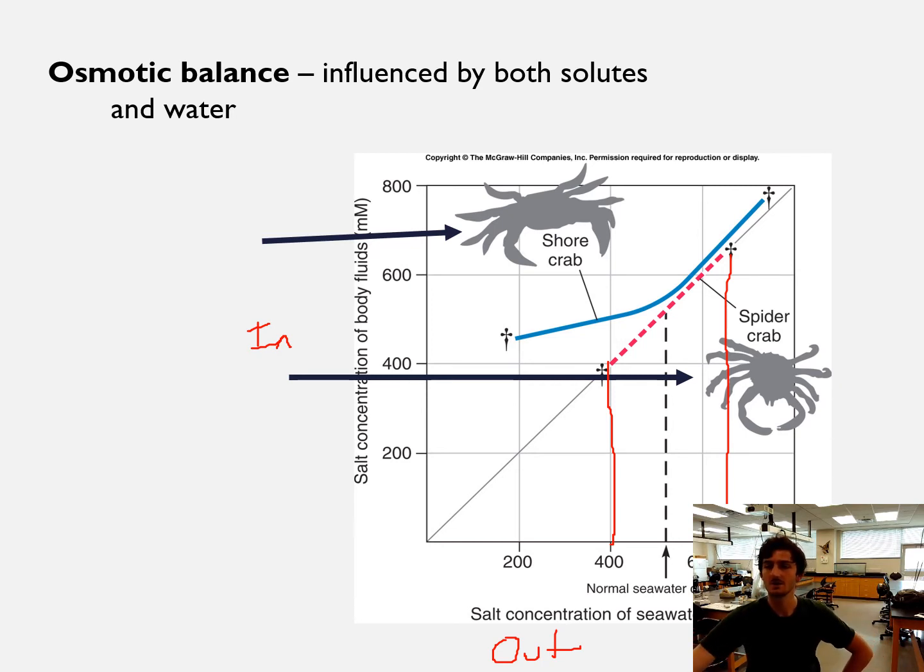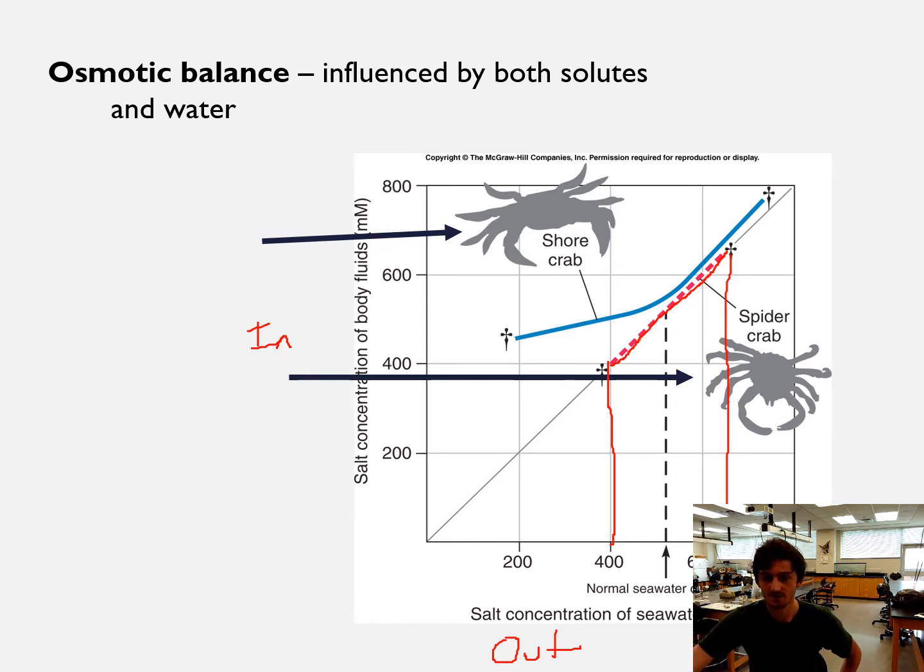But you can see the stenohaline, when it's subjected to changes in seawater or salinity, doesn't survive outside of this range. These crosses indicate that it died at 400 and then 650 millimoles of salinity.